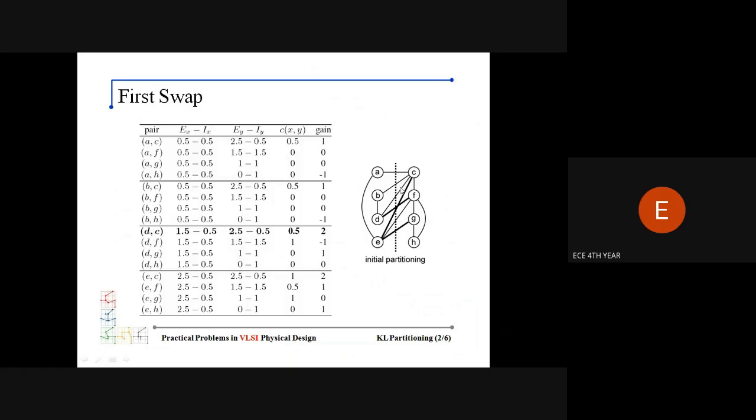That means 0.5, 0.5, 0.5, 1.5, plus 1 of thick line. 1 plus 1.5, it is 2.5. So external edge for C is 2.5 minus, now I have to calculate the internal edge. How many internal edges? Only 1. That means 0.5. So 2.5 minus 0.5. Fine.